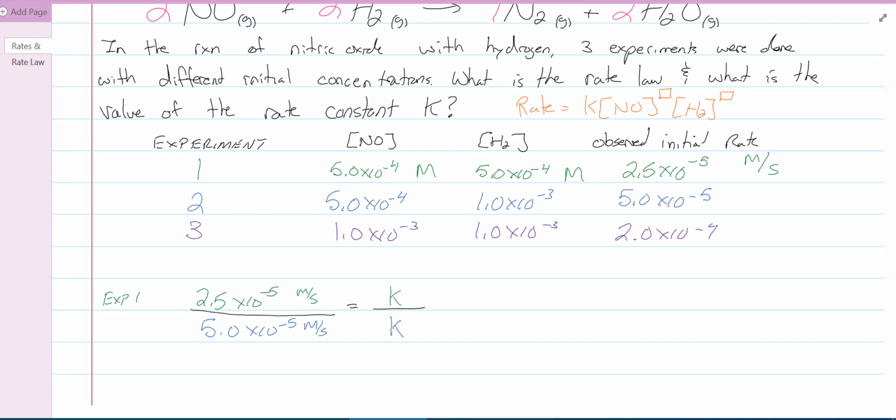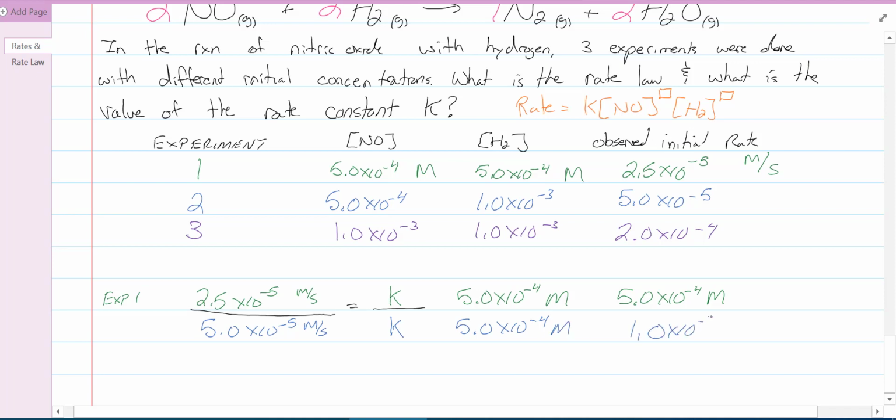All right, the concentrations here, green, of NO, 5.0 times 10 to the negative 4 molar, and H2, 5.0 times 10 to the negative 4 molar. And we have 5.0 times 10 to the negative 4 molar and 1.0 times 10 to the negative 3 molar.